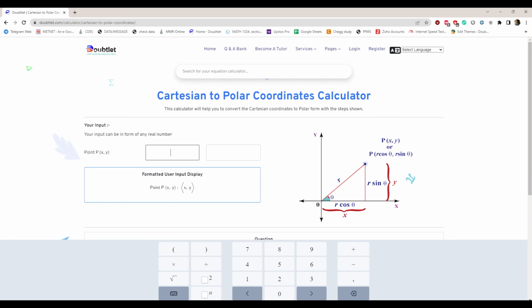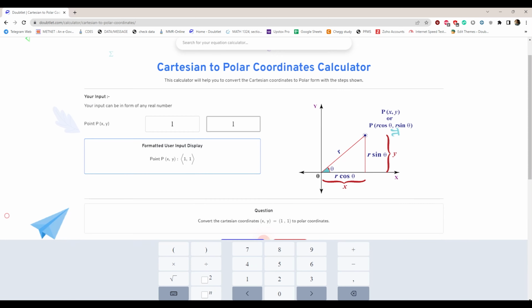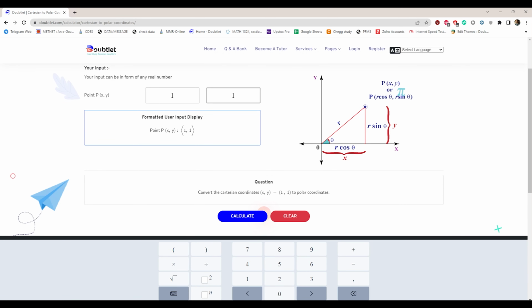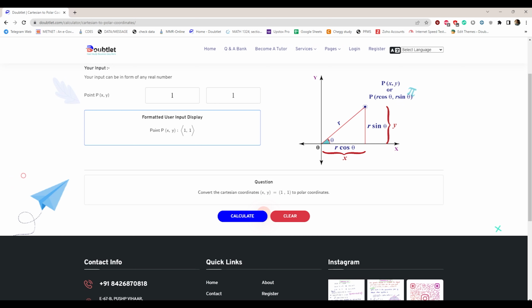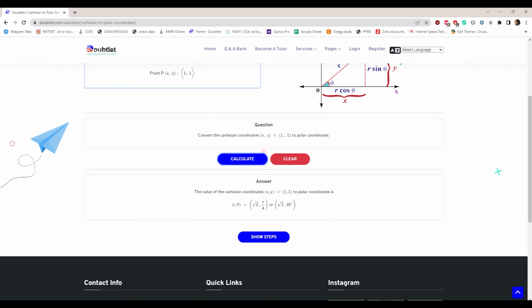If you input something like 1 comma 1, meaning the point is in the first quadrant, here is the formatted user input display, meaning whatever we type in this box will appear here so that we can correct our mistakes. And this is the question formed automatically. If we click on the calculate button, we get the short answer: the polar coordinates are root 2 comma pi by 4, or root 2 comma 45 degrees.